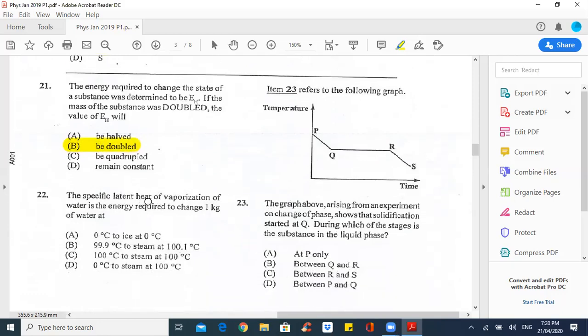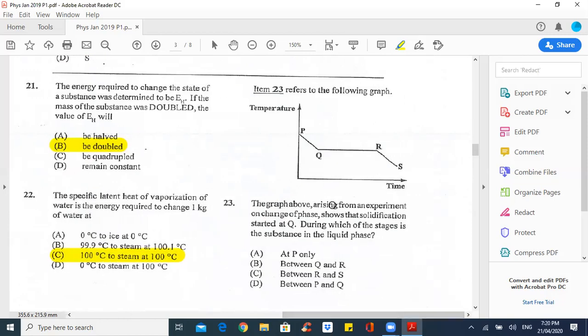Number 22, the specific latent heat of vaporization of water is the energy required to change 1 kilogram of water at 100 degrees to steam at 100 degrees, because you're going from water to vapor. Number 23.